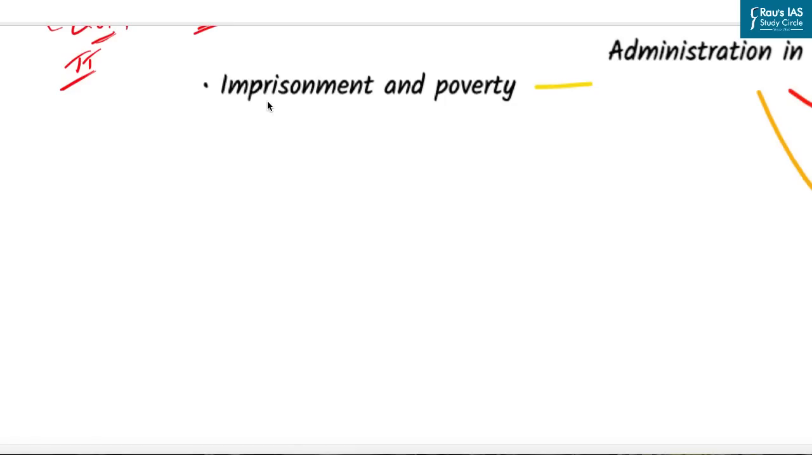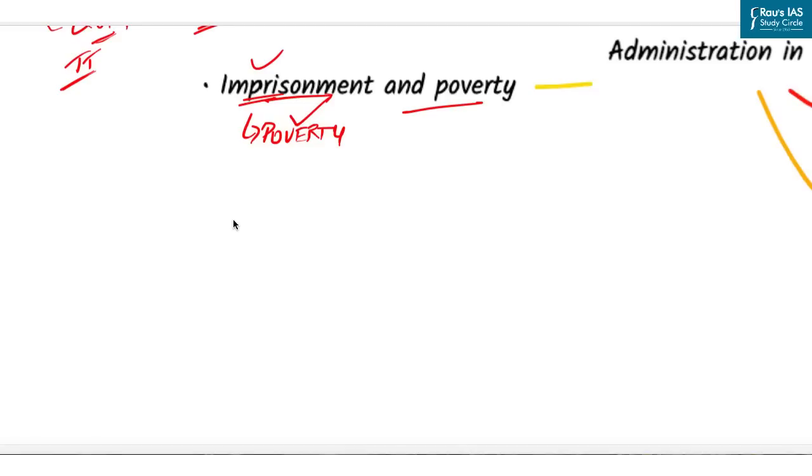Next challenge is imprisonment and poverty. How? Because imprisonment disproportionately affects individuals and families living in poverty. When an income-generating member of the family is imprisoned, the rest of the family must adjust to this loss of income.